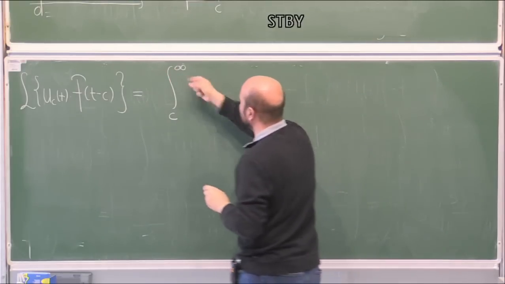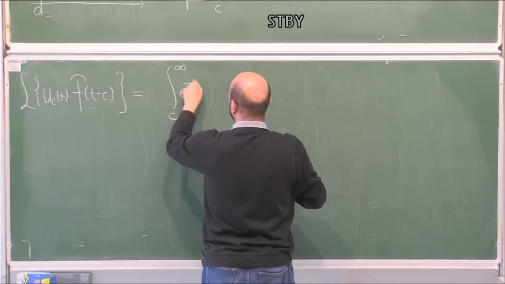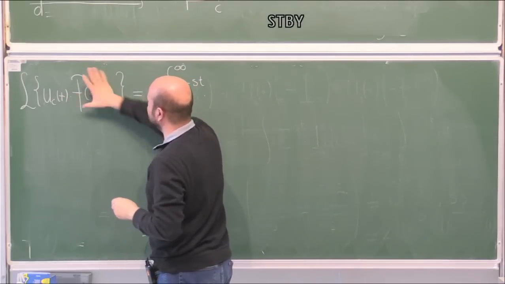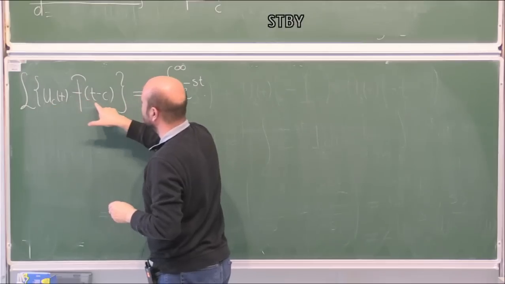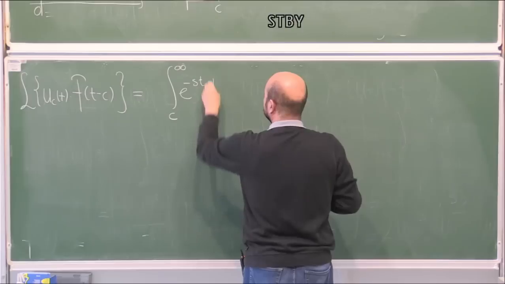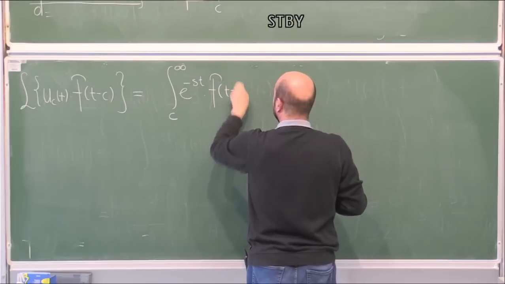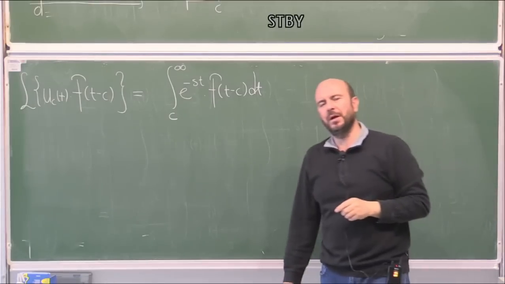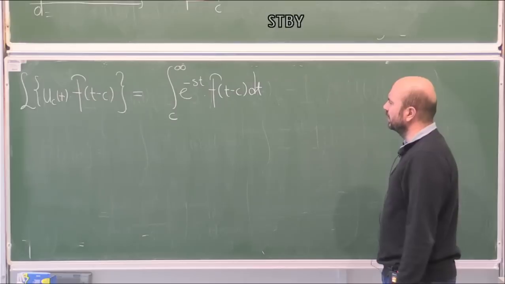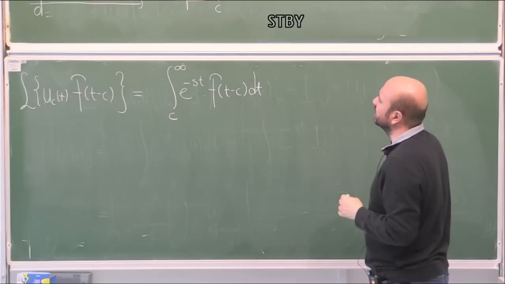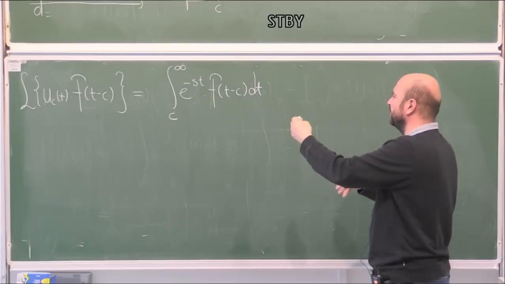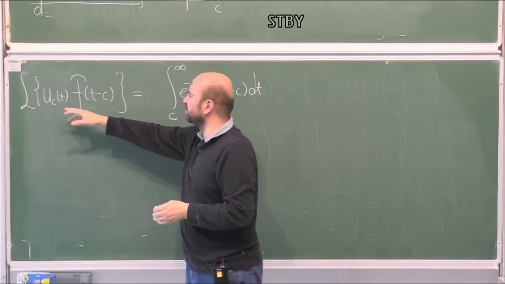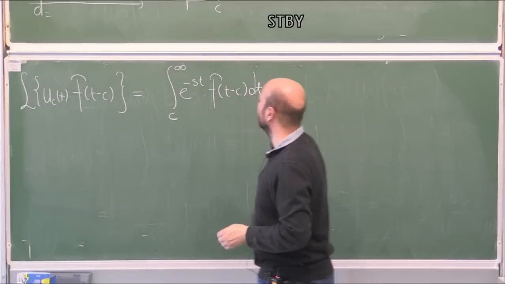And between c and infinity, this is going to be itself because u_c is 1, so this is what I have: e to the minus st times f of t minus c dt. I skipped the first step: you write from 0 to infinity, but between 0 and c this function is 0, so we just need to integrate from c to infinity.